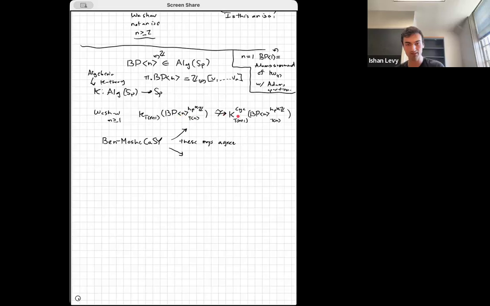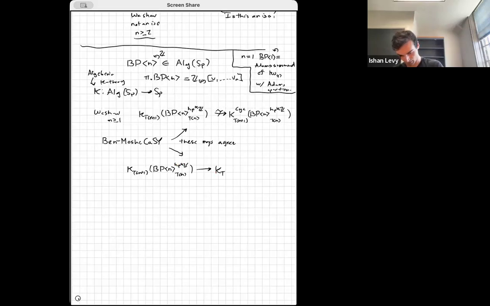So instead of looking at the cyclotomic completion map, you can just look at the following map. Take the T_{n+1} local K-theory of this ring, and then look at the co-assembly map, in other words the map measuring whether or not this functor commutes with these fixed points.